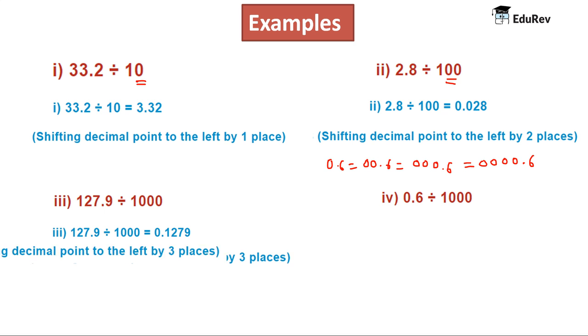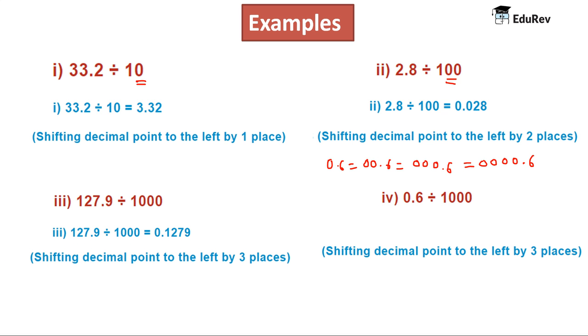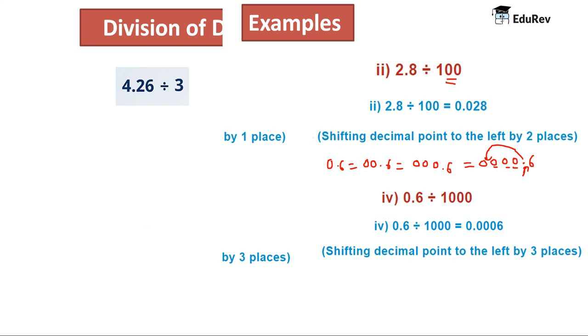Shifting the decimal point to the left by 3 places, see here the decimal, shifting it by 3 places we will get 1, 2, 3. We will get the decimal point here. So the answer will be 0.0006.